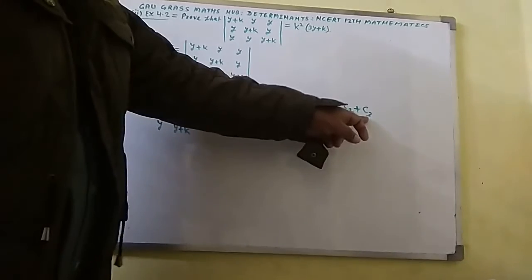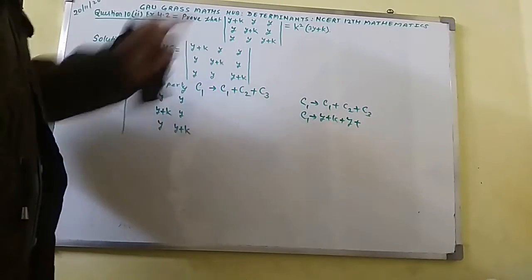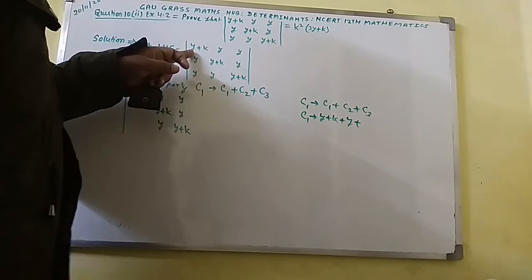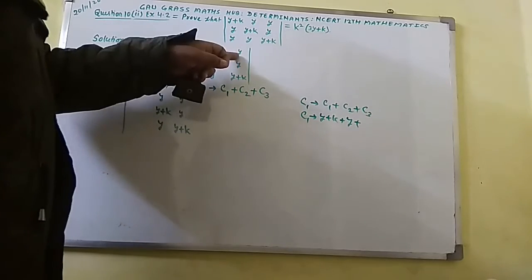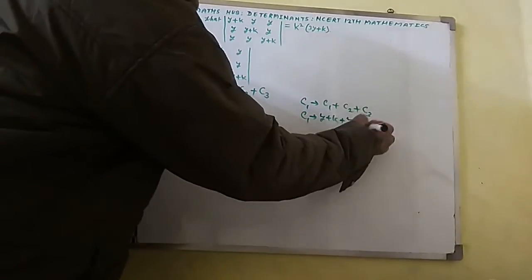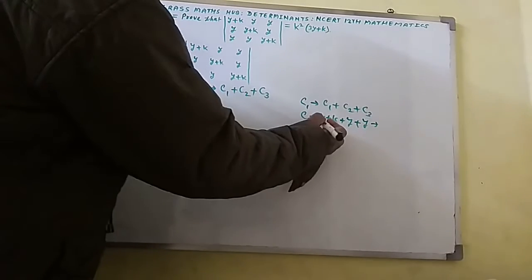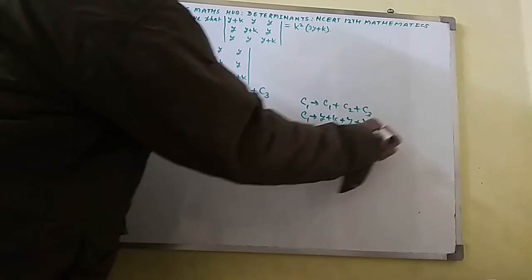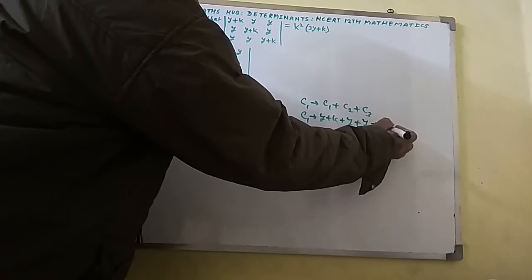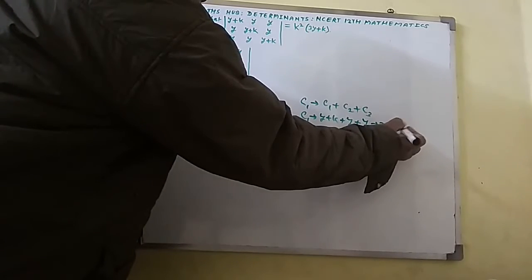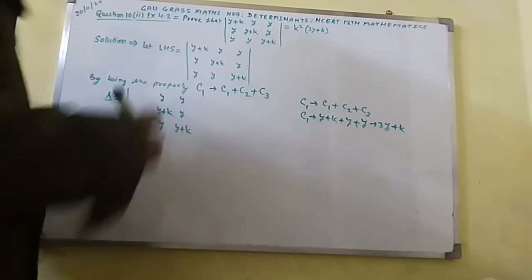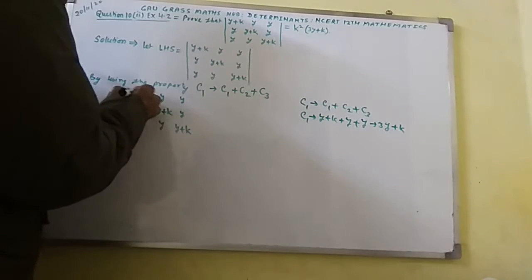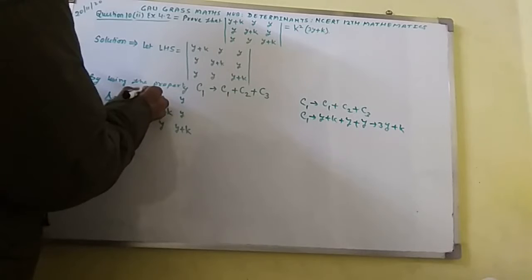And for C3, I shall refer third column. The corresponding element of y plus k in the third column will be y. So here write y. This will become y plus y, comes out to here 3y plus k. So this value I shall write here, 3y plus k.